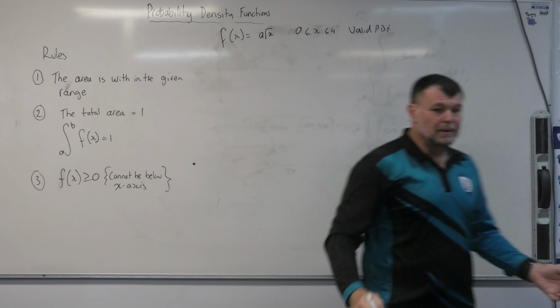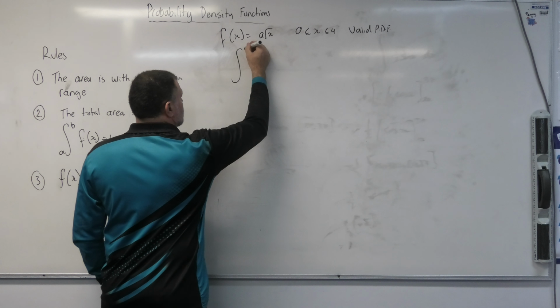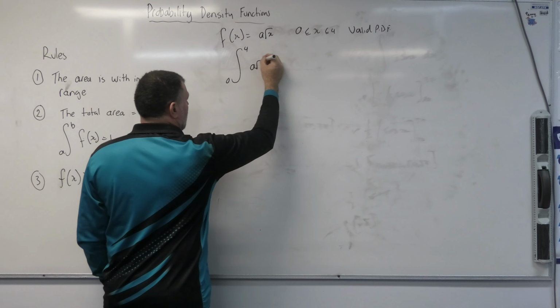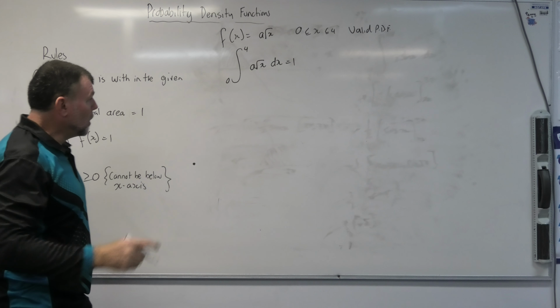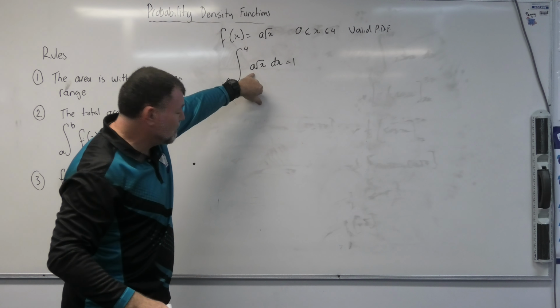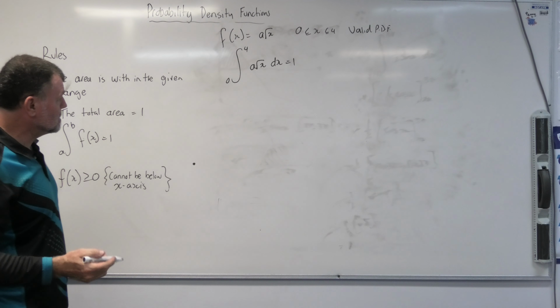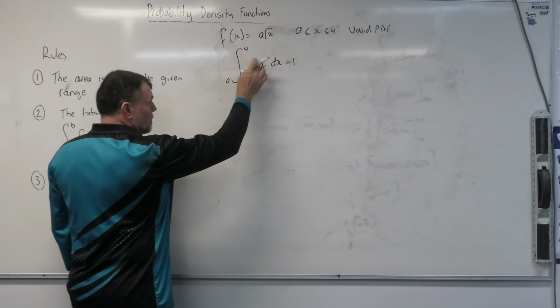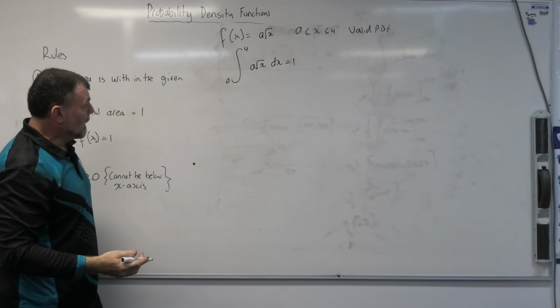So if it is a valid PDF, we know that the integral of the function here, between 4 and 0, is equal to 1. So if we're looking at this function here, we need to be able to find the unknown variable of a. So in this case, we need to integrate this function with respect to x between 0 and 4.